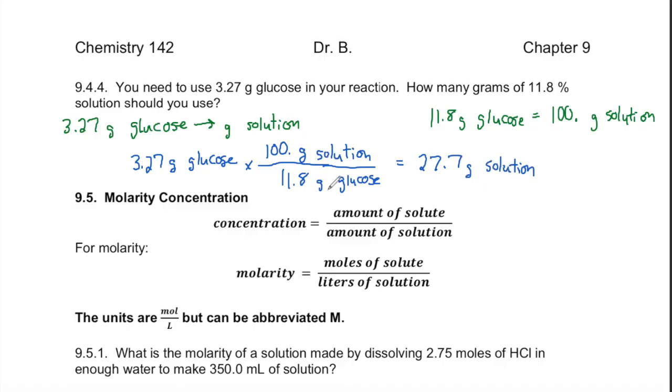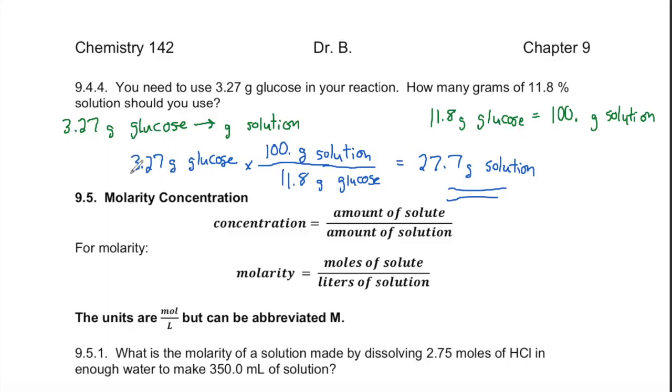So just a couple things to be careful of. If you just write grams and grams and grams, then the grams are going to cancel even if you have this flipped. So it does help to pay attention to what substance you're talking about the mass of. That this is 11.8 grams of glucose and 100 grams of solution, not 100 grams of glucose and 11.8 grams of solution. And another tip is to check and see if the answer makes sense, because if you flip this fraction, you are going to end up with a much smaller number.